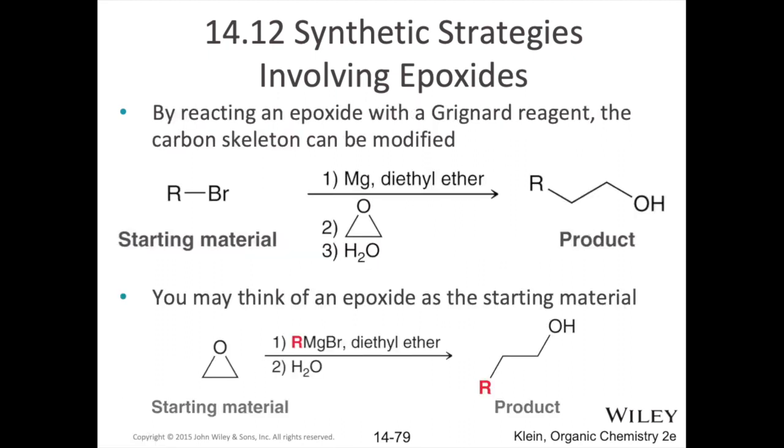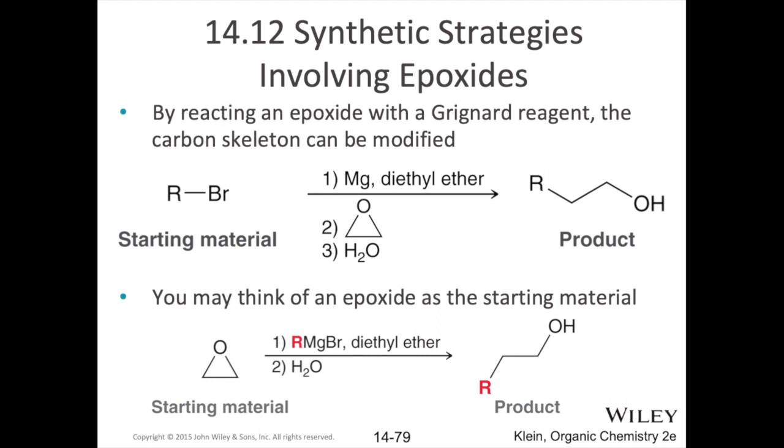I've already mentioned to you in the last chapter how Grignard reagents are really useful for extending your carbon skeleton, because your Grignard consists of a carbanion that you're using as your nucleophile, and those carbons extend your carbon skeleton. If you're using an epoxide as your electrophile here, you have to take into account that you're extending by another 2 carbons.